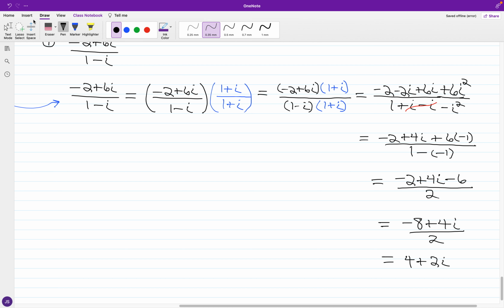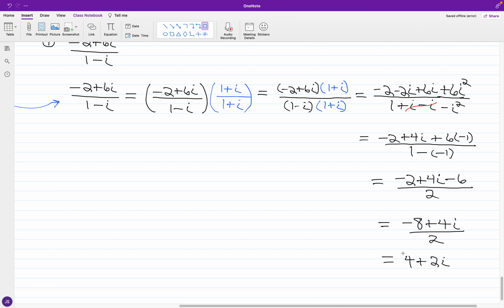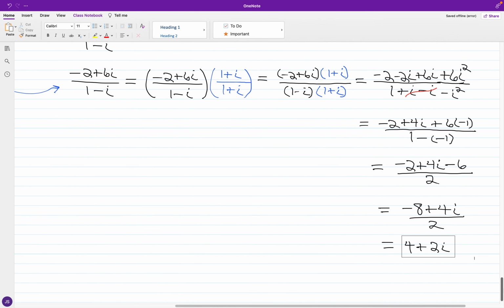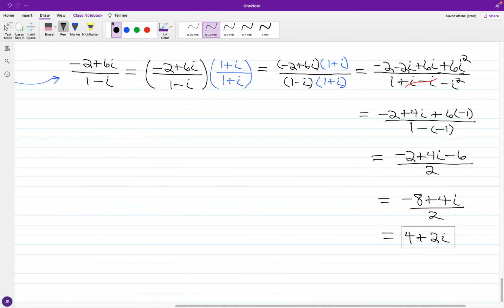Now I'll admit this was kind of a lengthy process, but this is what you have in the case of working with conjugates. And if we have a complex fraction, I'm going to give one that is a bit more basic.